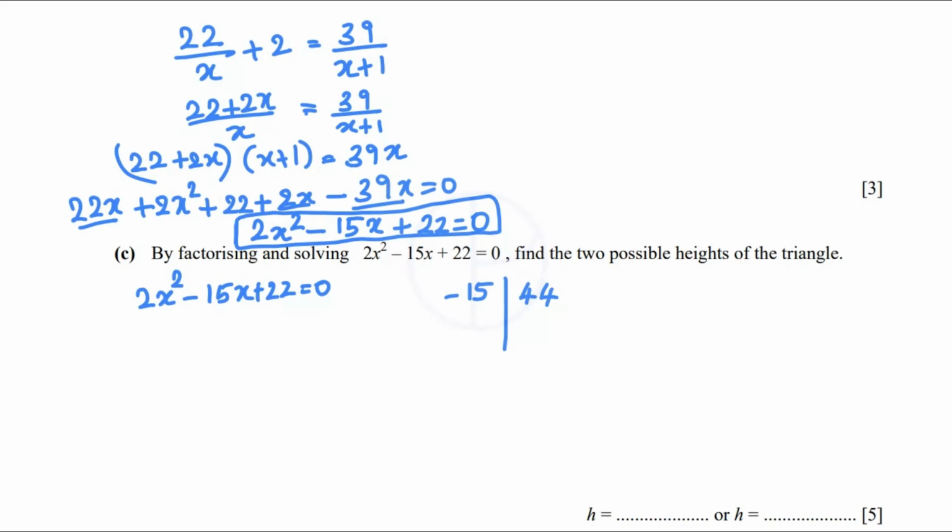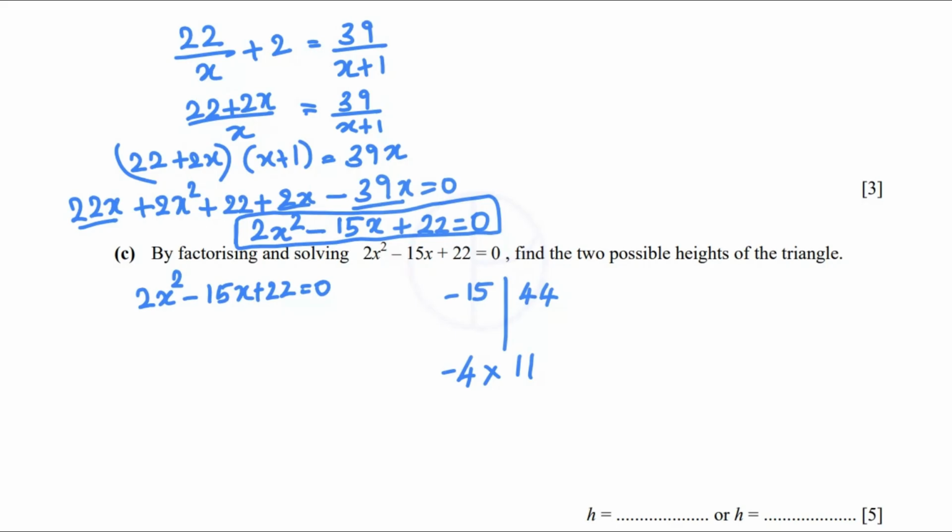So 2 times 22 will be 44, but the difference won't give 15. So 4 times 11, when you multiply, you will get 44, but we need to get negative 15.